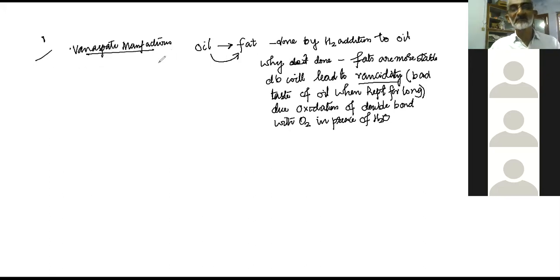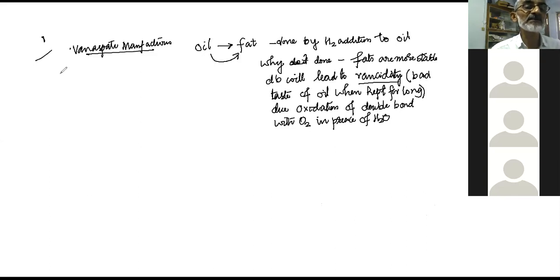Now the question is, why do they want the iodine value, the extent of unsaturation? Why is it required? The idea is, each company will have its own product.